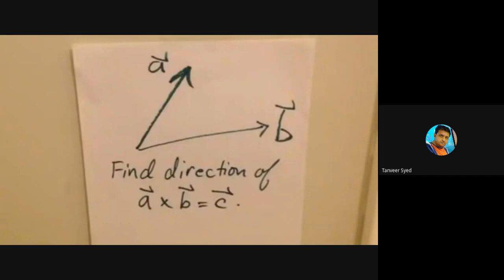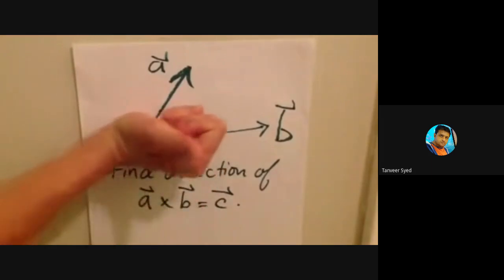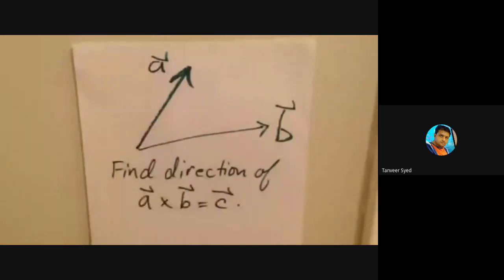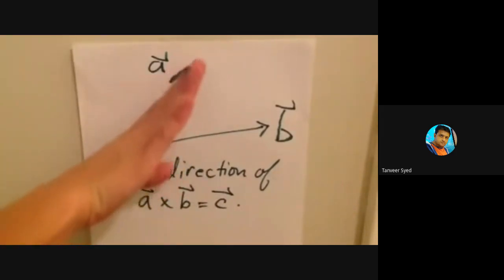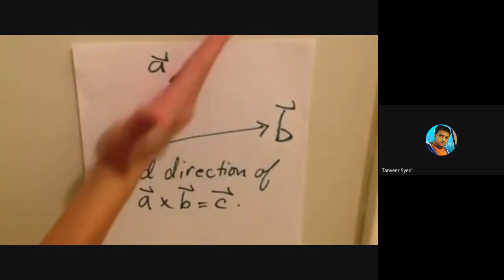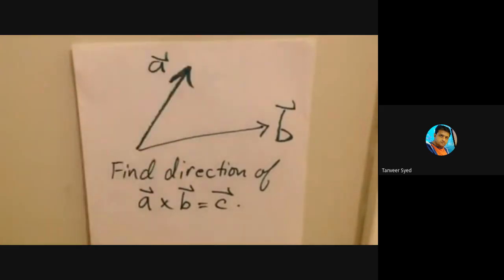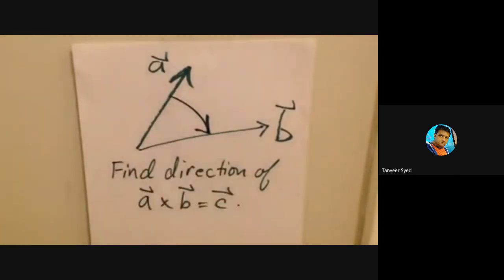Well, there are only two directions that could be, right? What that means is that C either must point straight out of the page, or must point straight into the page. And to figure out which one of those two directions it is, we're going to have to put our fingers along A. There are two ways to do that. You could either put your fingers along A this way, or this way. And you have to do it in the way that will let you swing A down into B, like it was a little hinge.